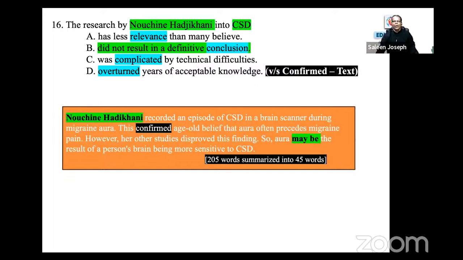But this option is just the opposite of what is said in the text. However, her other studies disproved this finding. One study confirmed, one study disproved, so the conclusion is not definite. Not clear. So aura may be the result of a person's brain being more sensitive to CSD.